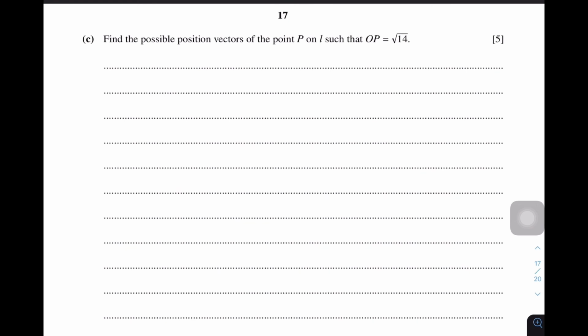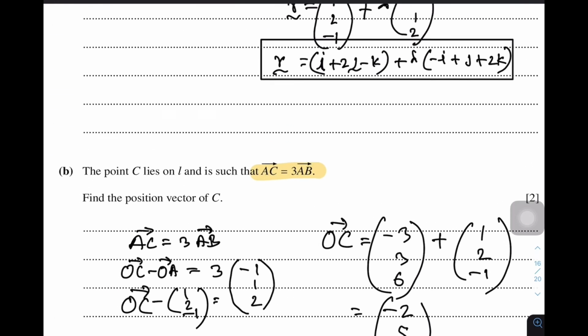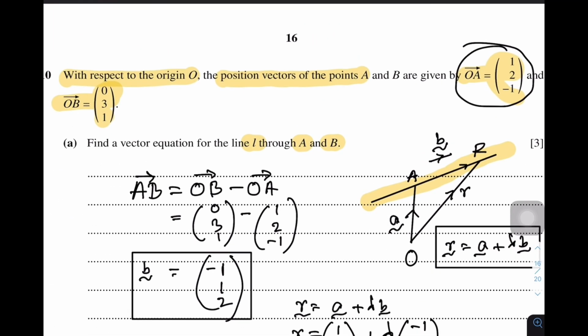The next question is, find the possible position vectors of the point P on L such that the modulus of OP equals root 14. We have drawn the diagram here. P is any point on this line.